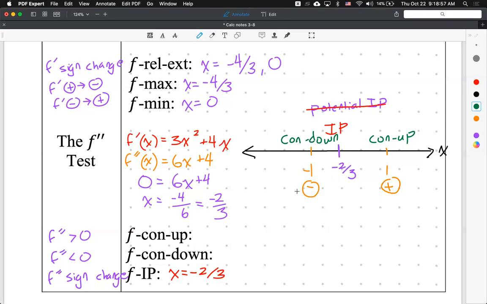You don't have to do f double prime, it's just x, because this is still talking about the x coordinate. So you say x is less than negative 2/3. And then how do you do that in interval notation? Between what and what? Negative infinity.